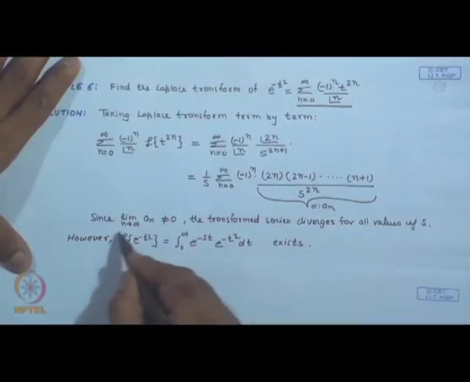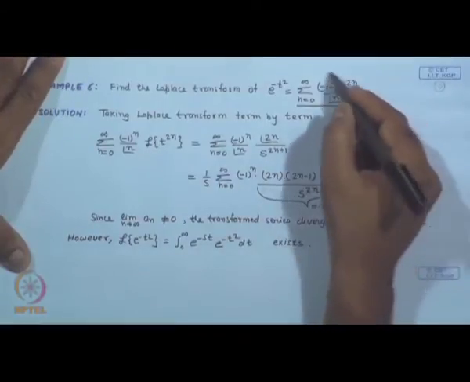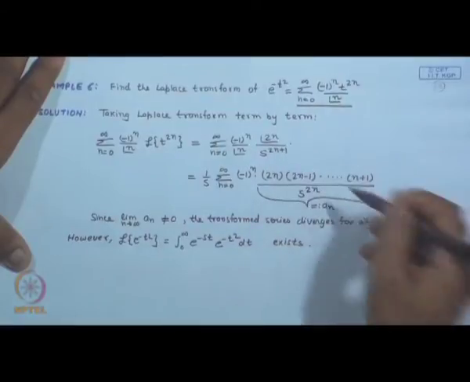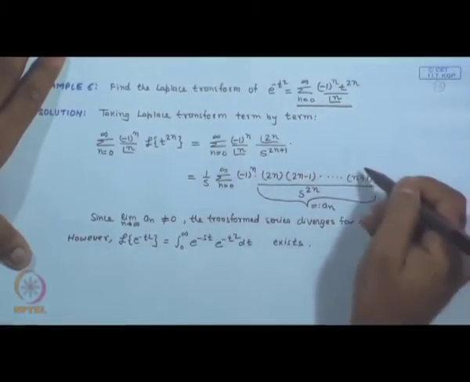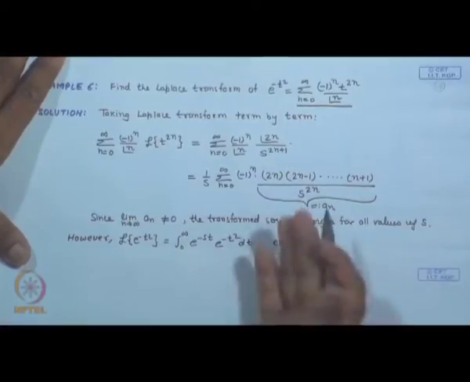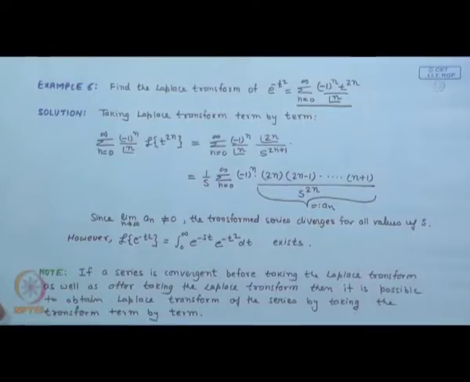So, this Laplace transform exists, even though if we apply the Laplace transform to the series term by term, the transform series does not converge. So, we have to be very careful here.